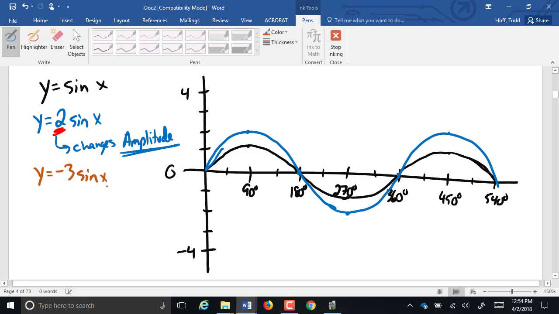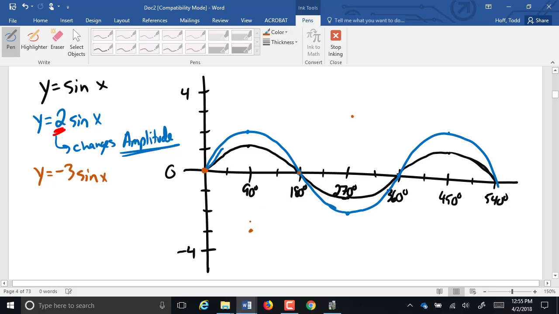y equals negative 3 sine x. Okay. It's 3, so it makes the amplitude 3, but since it's negative, it flips the wave over.